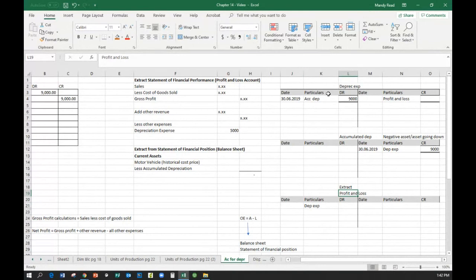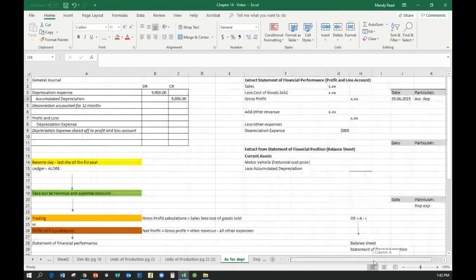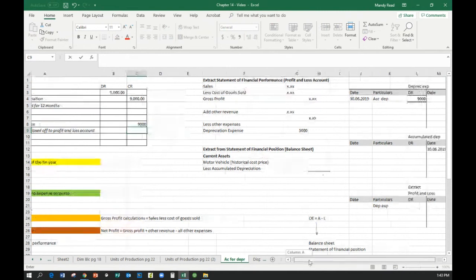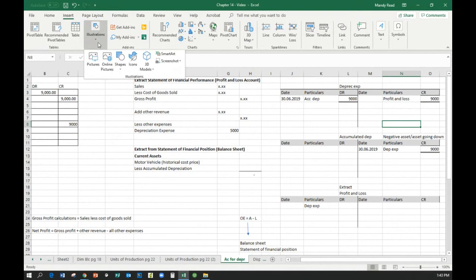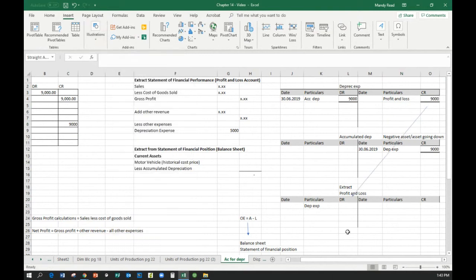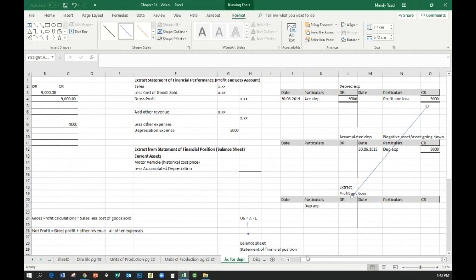So if I am closing this depreciation expense account off, it's going to be depreciation expense on the credit side, isn't it? So I need to go to my general journal and I put depreciation expense on the credit side, $9,000. When I put it into the profit and loss account, I've got my $9,000 there, and that amount is going to go into my profit and loss account on the debit side.